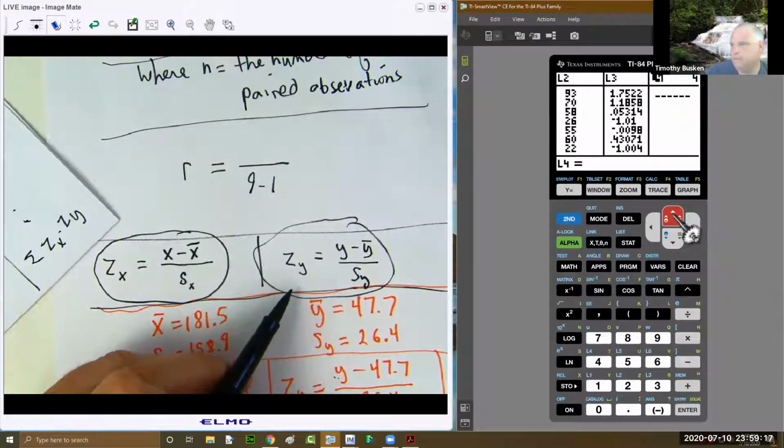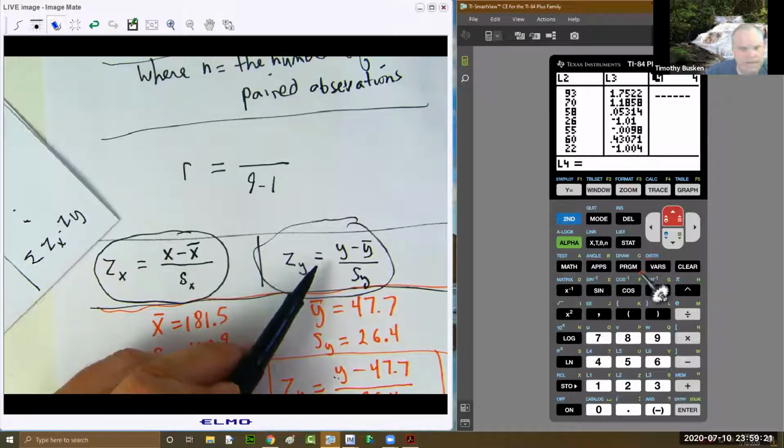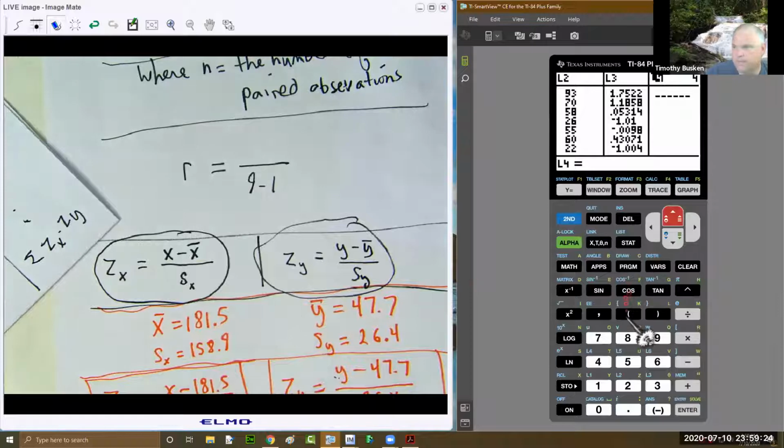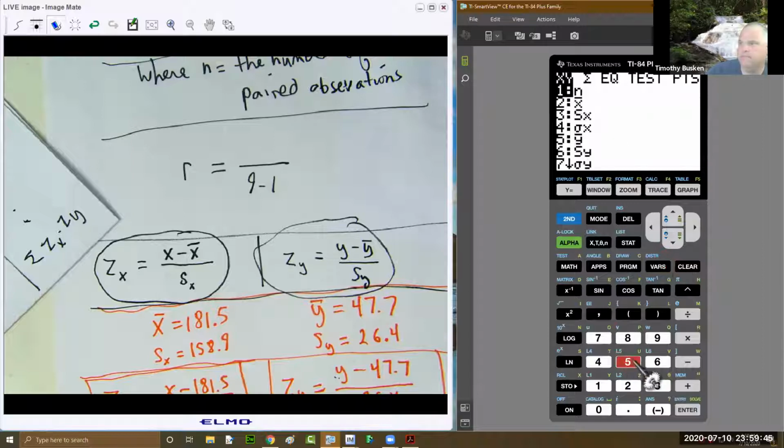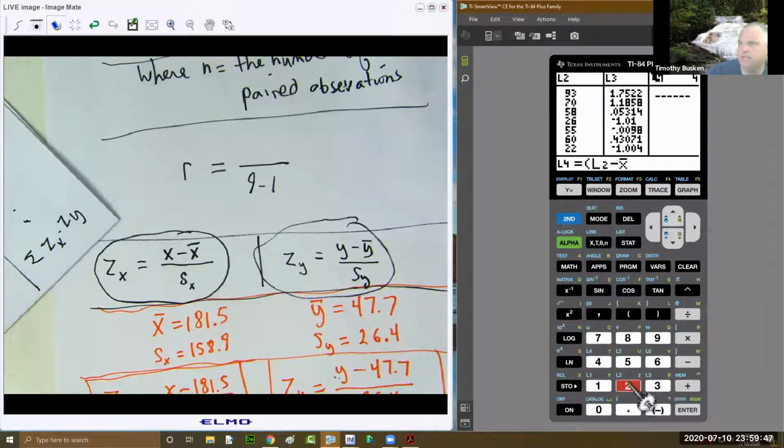Okay, so the values of y are in list 2. So to write this numerator in the calculator, highlight L4, parentheses, list 2. That's where the y values are. And then minus, we need to go minus y bar here. But I'm actually going to call on x bar because the calculator has stored y bar as x bar. So I'm going to press the vars button, 5 for the statistics variables, and 2, and that'll paste in the value of y bar right there.